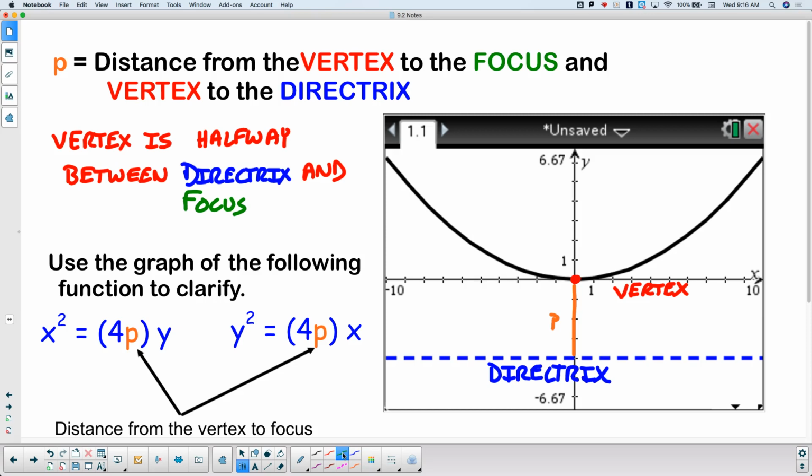That means if I go inside 4, 1, 2, 3, and 4, right there is my focus. Because this distance here is also P.